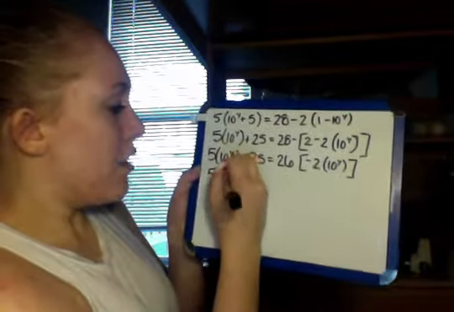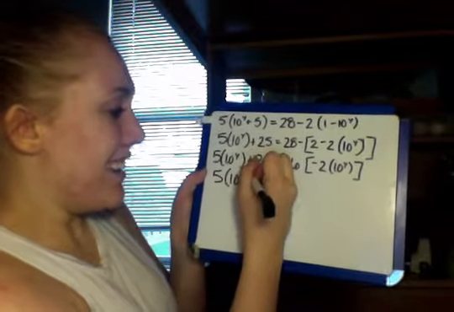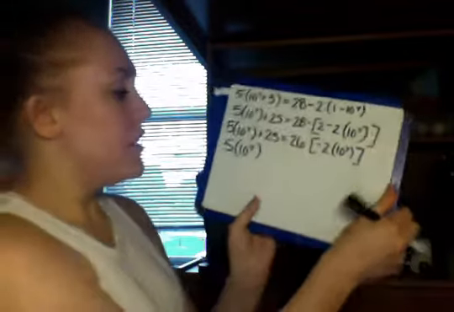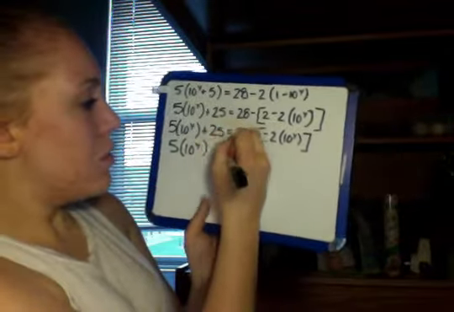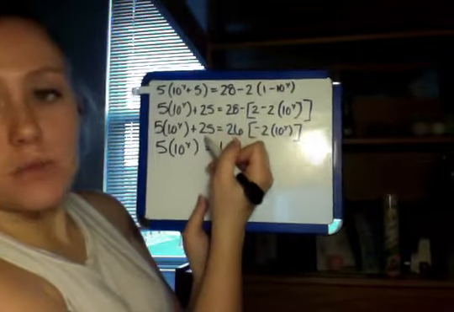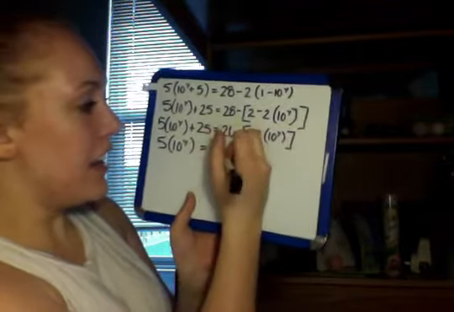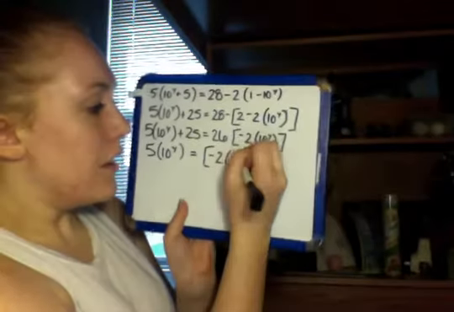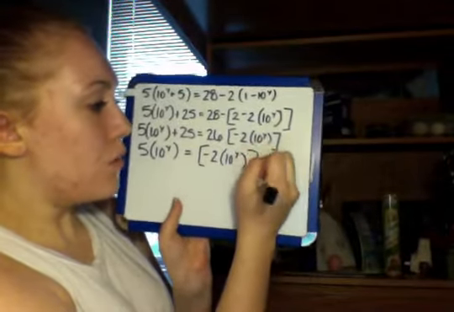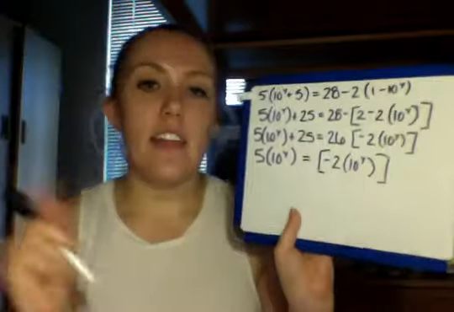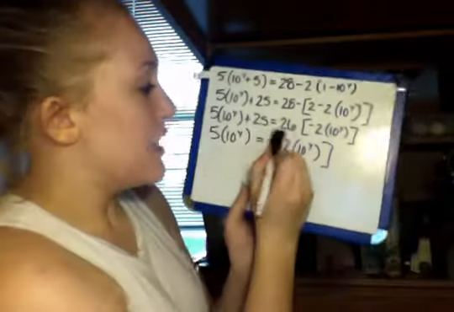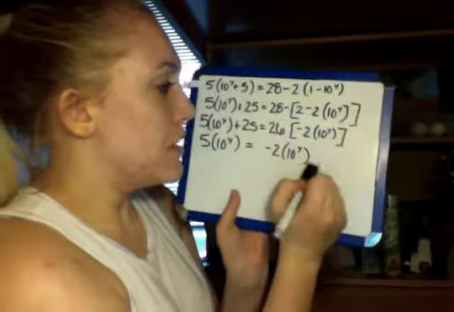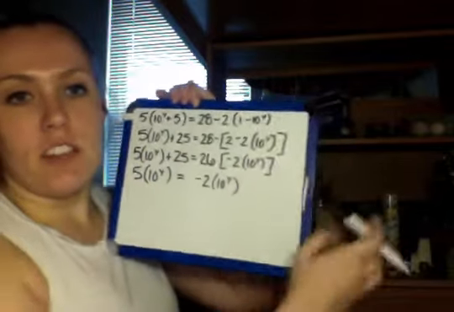So rewriting again, it's going to be 5 times 10 to the y equals 1, because we subtracted that 25 from each side, negative 2, 10 to the y, close bracket. Alright, and now we're able to get rid of those brackets because we don't need them anymore. We were just using them to keep the sign straight, because this negative 2 is a little confusing.